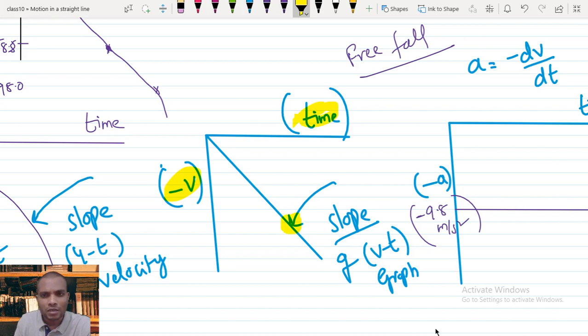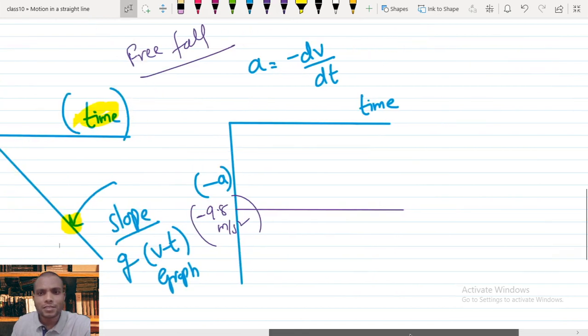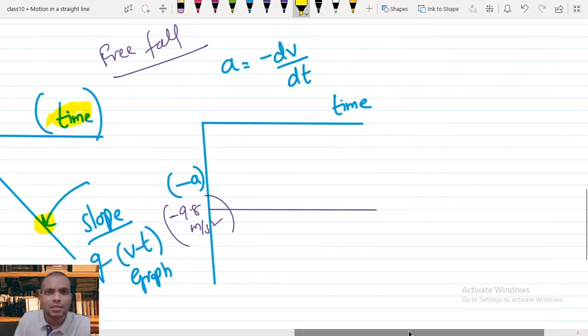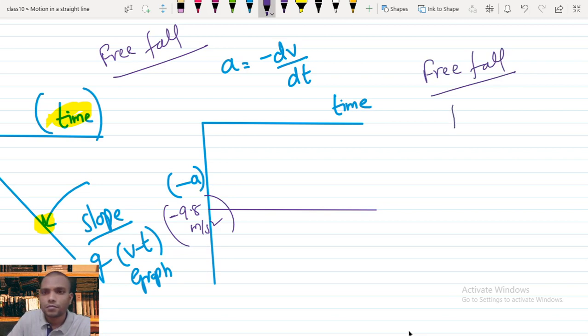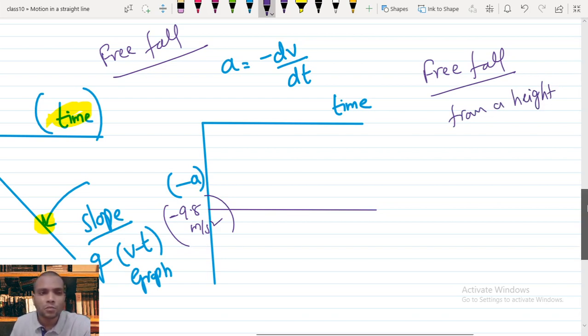I hope you know the meaning of fourth quadrant. Similarly, the acceleration versus time graph is a constant acceleration, assuming we are doing this experiment on Earth, which has an acceleration of minus 9.8 meter per second square. So these three graphs represent a free fall from a certain height: the position, velocity and acceleration graphs.